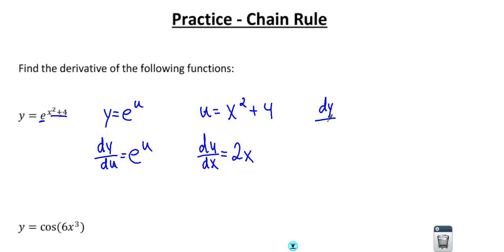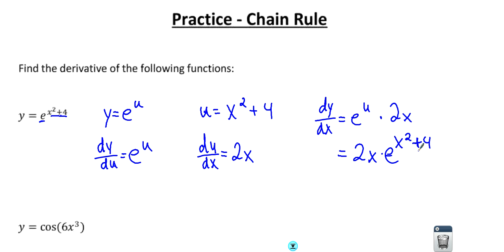So dy over dx equals e to the u times 2x. And then we simplify a little bit. So I move the 2x out front times e, and instead of writing u, we're plugging back in what we picked for u, which is x squared plus 4.